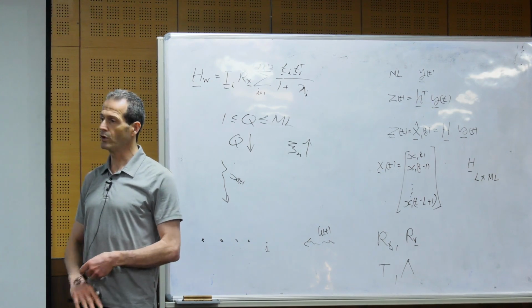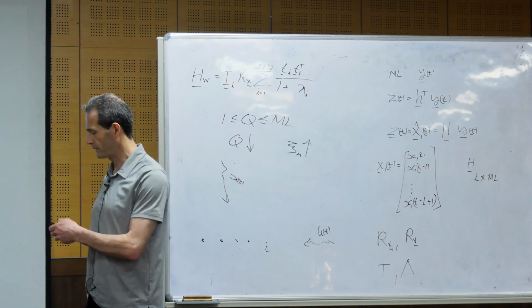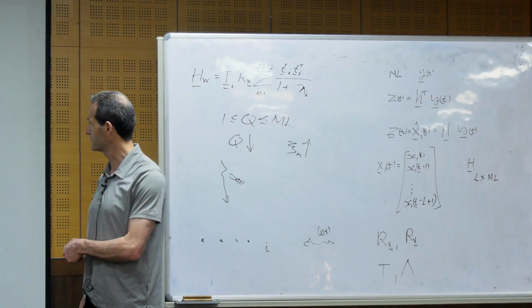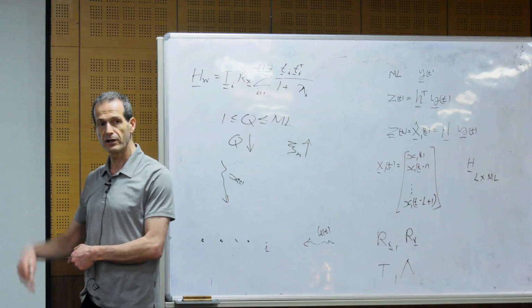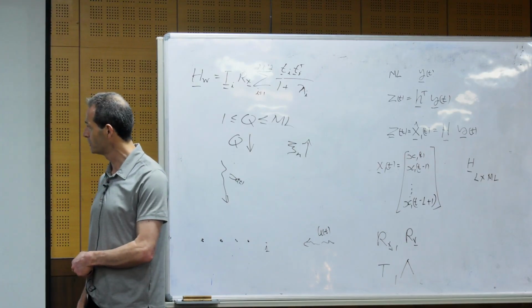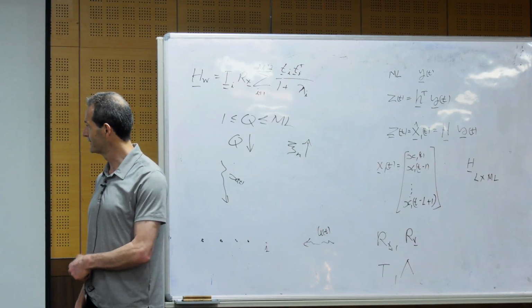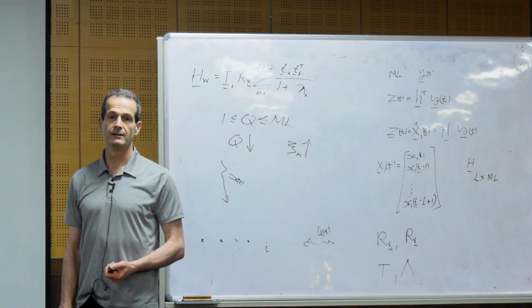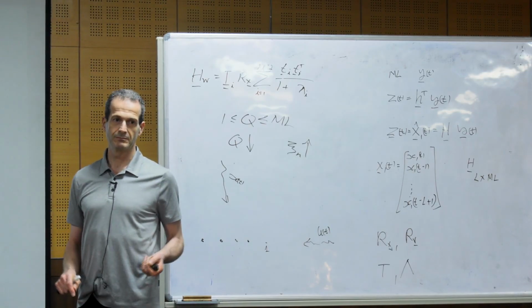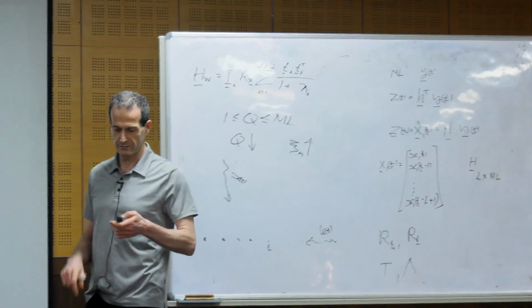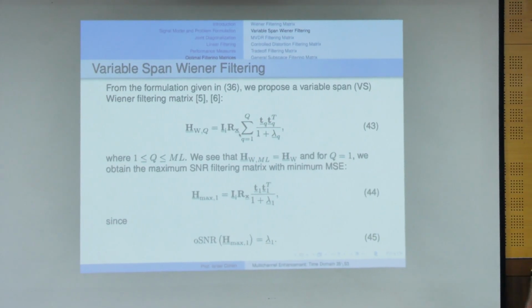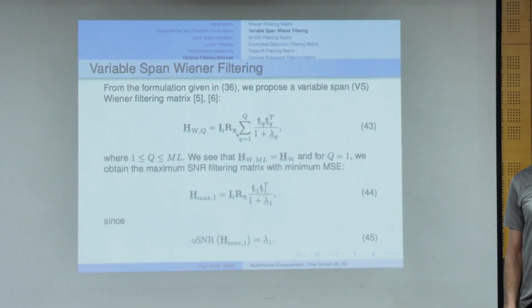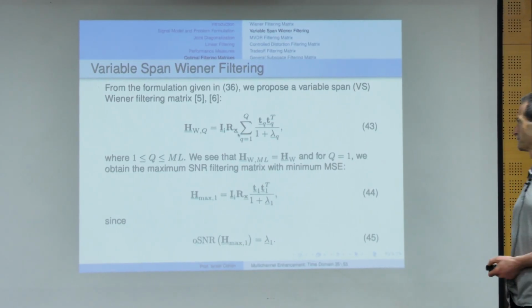So if you take all possible solutions of the maximum SNR filtering matrix and you want to find the free variables such that the MSE is minimum, you will get this solution. So I can define this problem, and you need to find the solution. And actually, this is what you get. But we also get it directly from here. Okay?